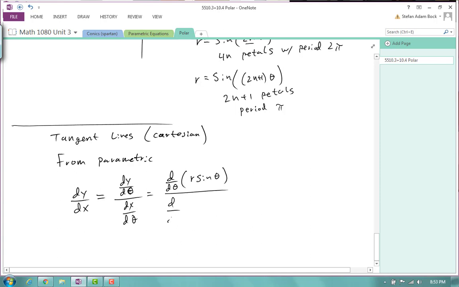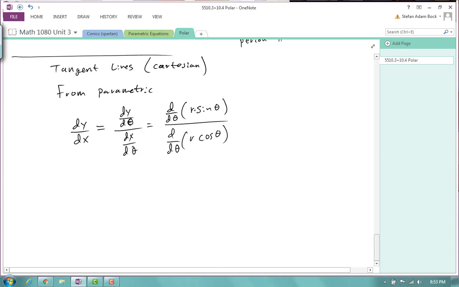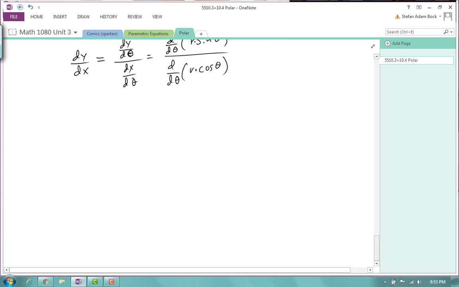And x is equal to r cosine theta. Now what happens here, since r is also a function of theta, if we're talking about polar functions, I'm going to have to do a product rule on these guys, leaving me with, on the top half, dr d theta sine of theta plus r cosine of theta.